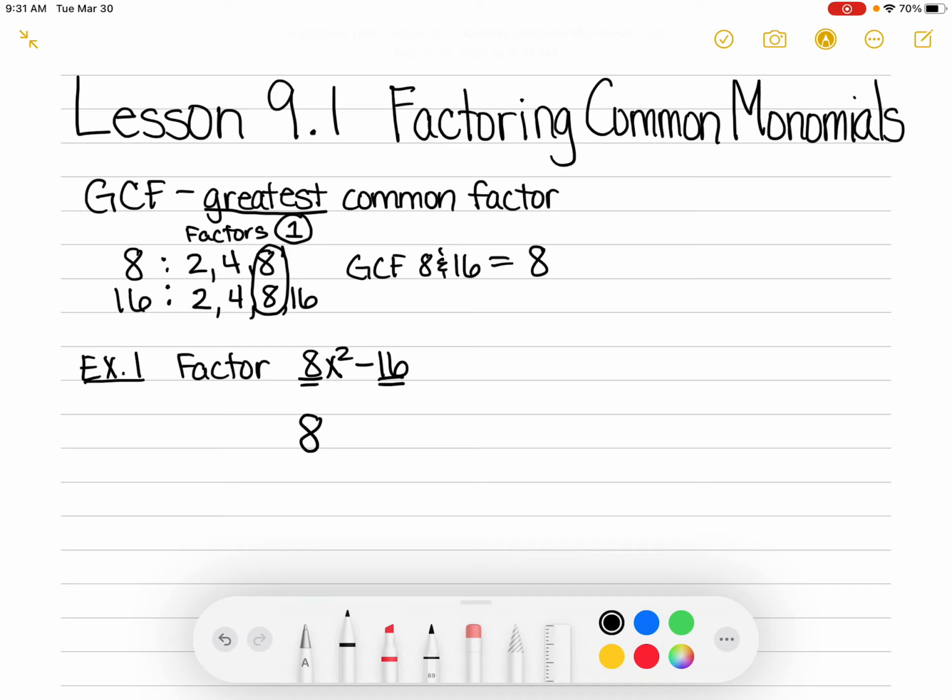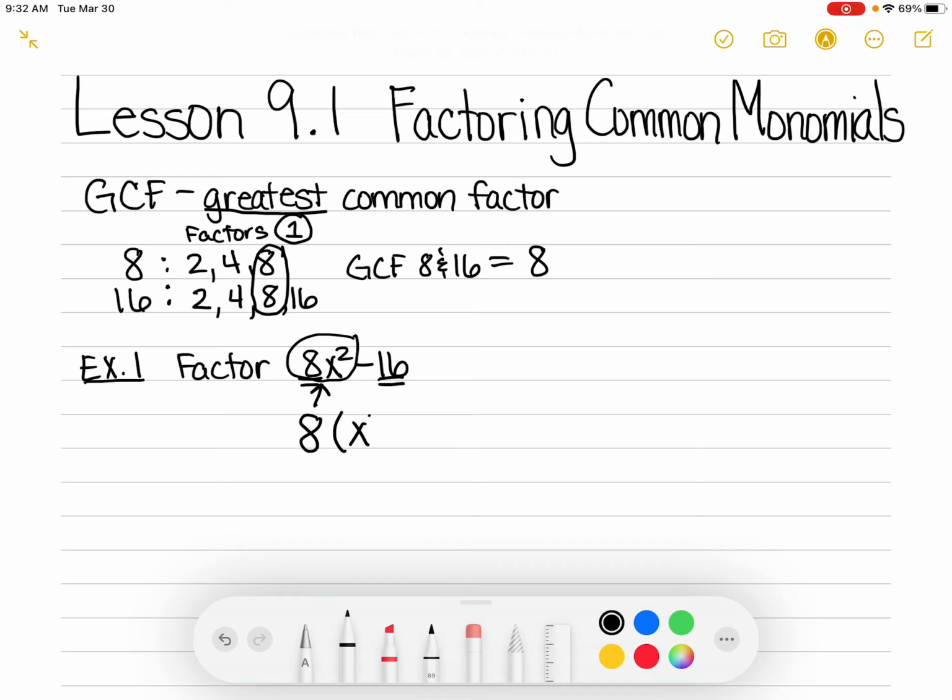Okay, and then you're going to look at your variables. Well, on this one, because they started out with an easy one, only one of them has a variable and the other one does not. So I don't have any variables to deal with because they do not have a common variable. So we only do variables if they have a common variable. So now I'm going to put my parentheses, kind of like in distributive property. And I'm going to say, what do I need to multiply by 8 to get 8x squared?